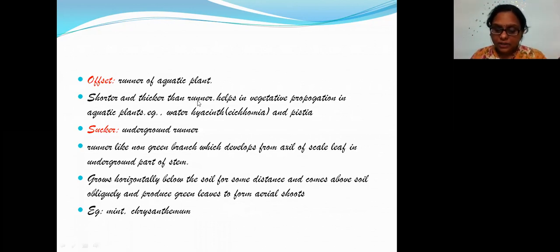When you see the runner, they will be shorter, but they'll be thicker than the runner. It helps in vegetative propagation in aquatic plants. I'll show you water hyacinth. Water hyacinth you have seen. This one.